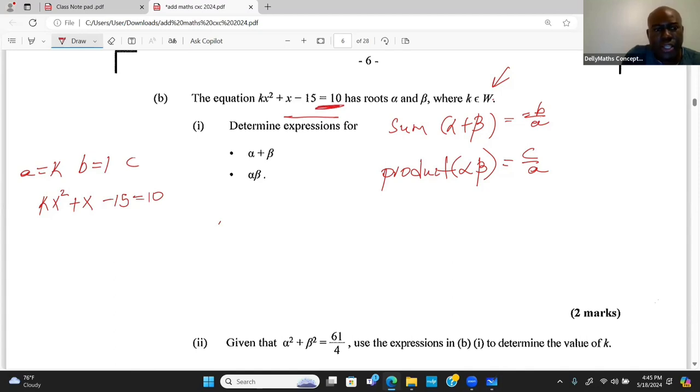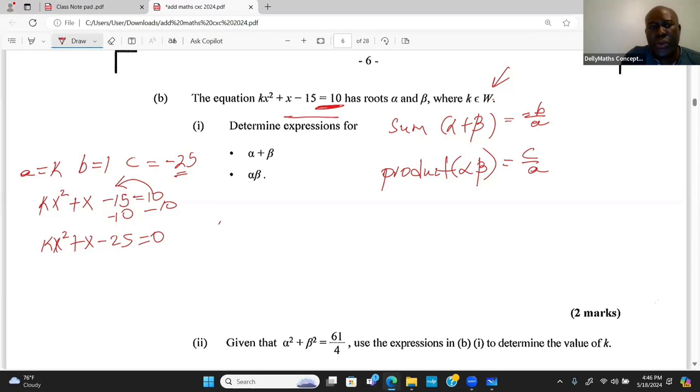To get this on this side, we have to subtract 10 from both sides. So technically what we have here is kx squared plus x minus 25 equals 0. So c is equal to negative 25, right?